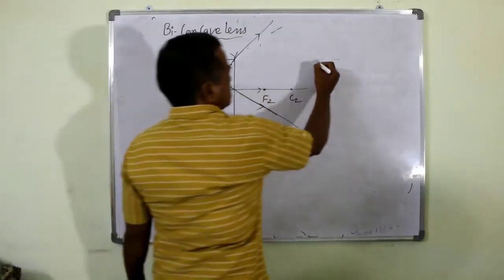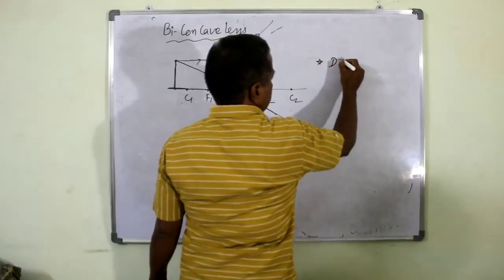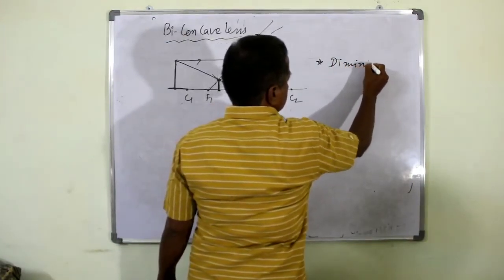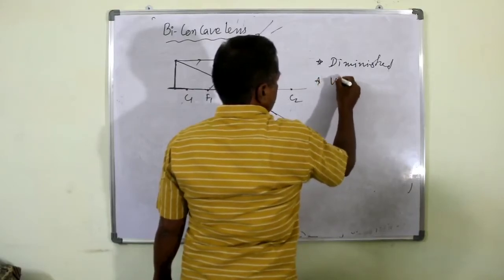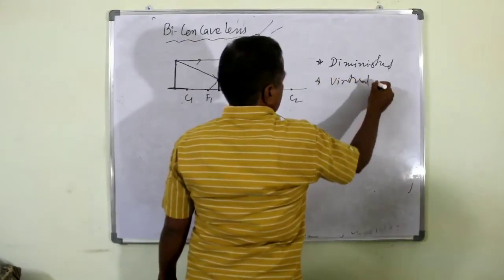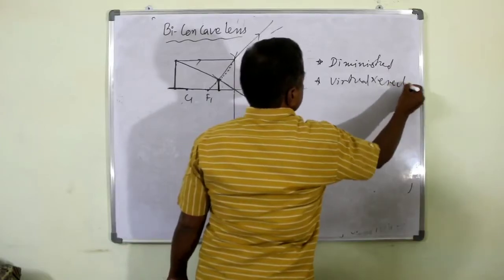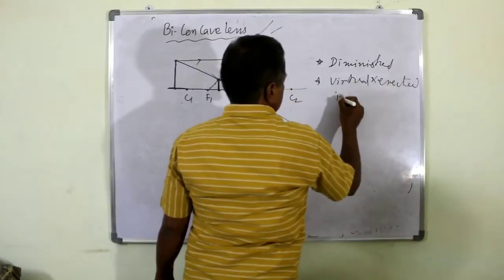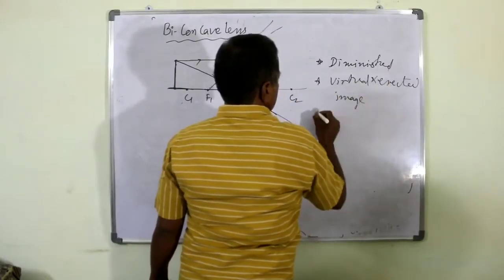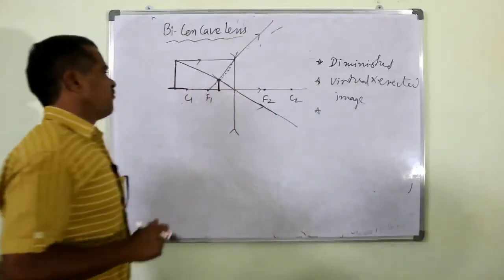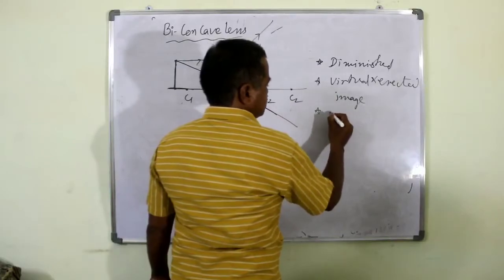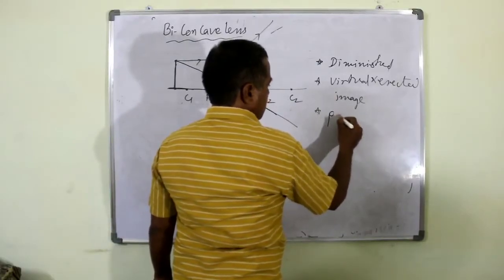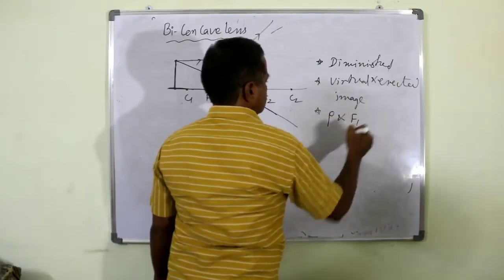So what are the characteristics? Diminished, virtual and erect image, formed between optic center and focus point.